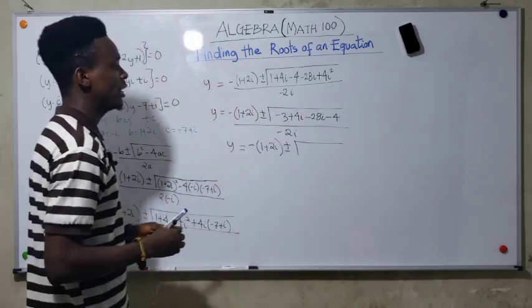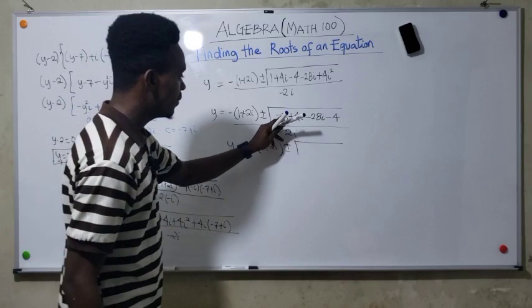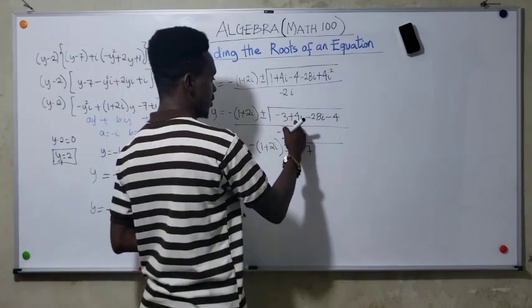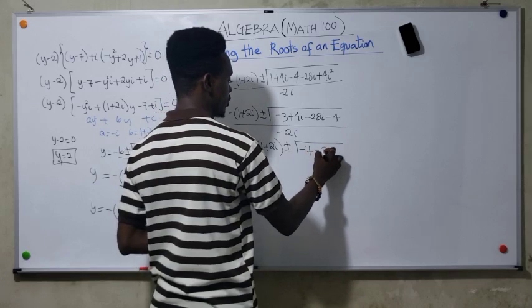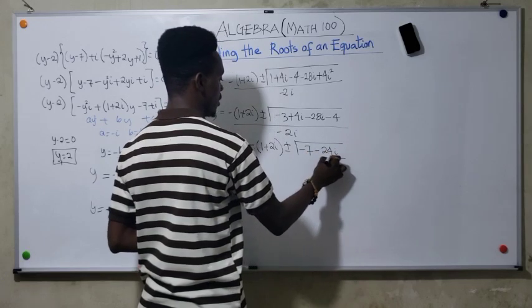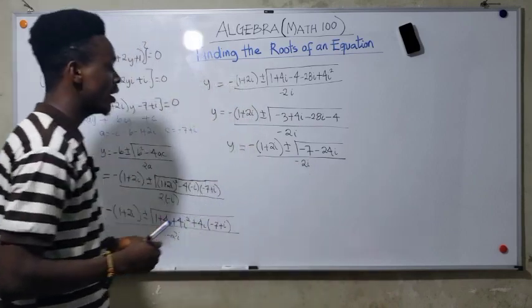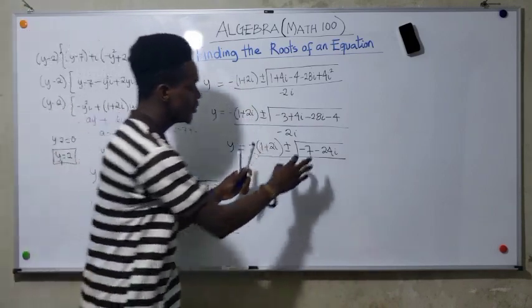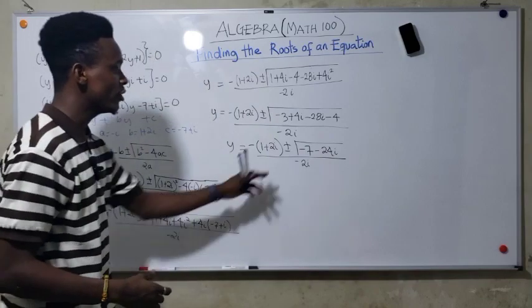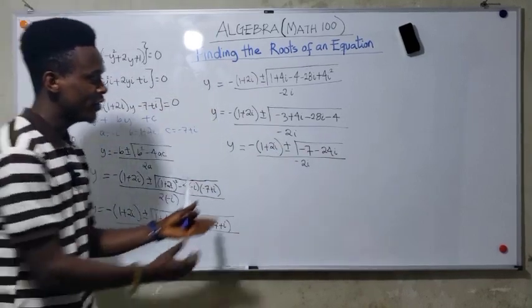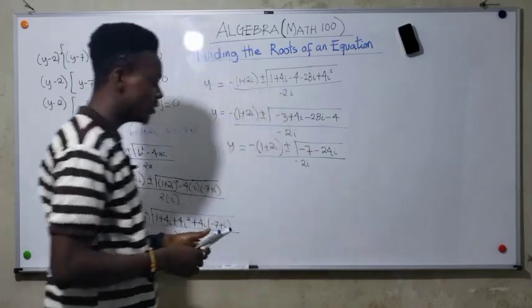We add the real numbers: here the real number is this and this, we have minus 7, and the difference here is minus 24r, all divided by minus 2r. Again, this square root here is a complex square root, and we need to find the root of this complex square root.